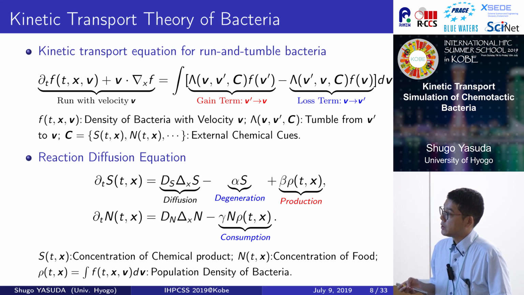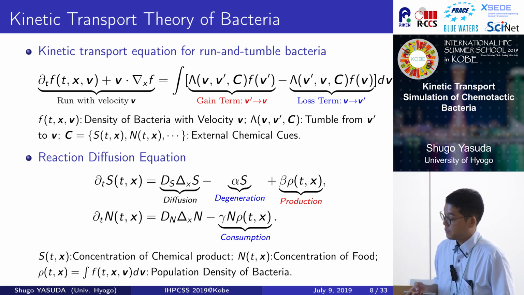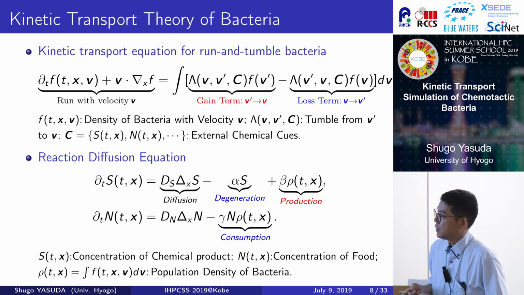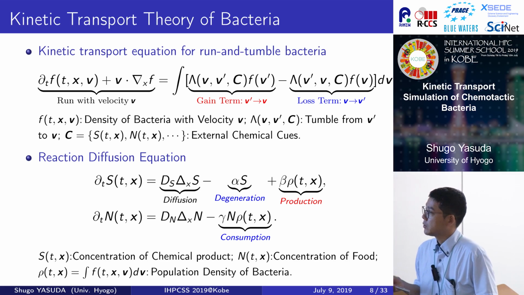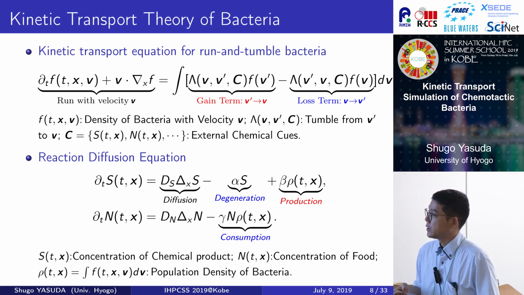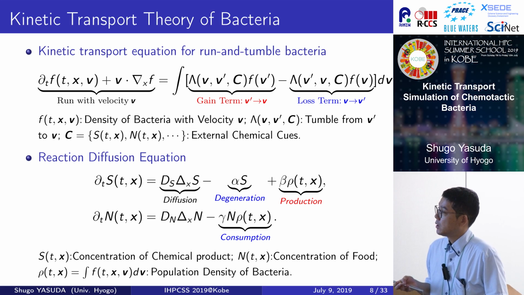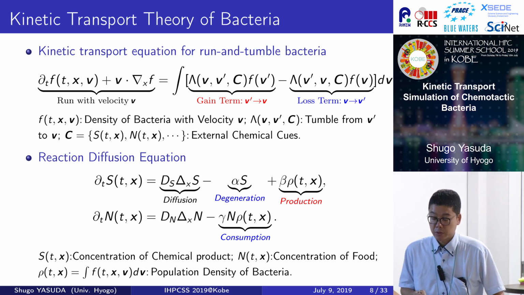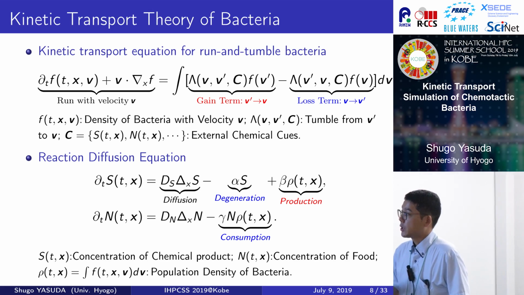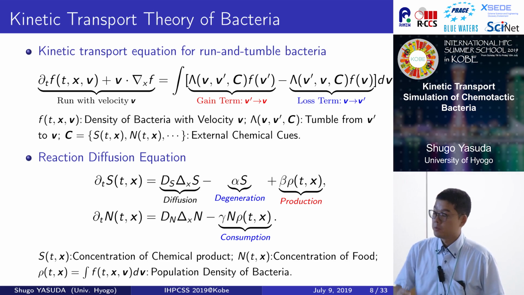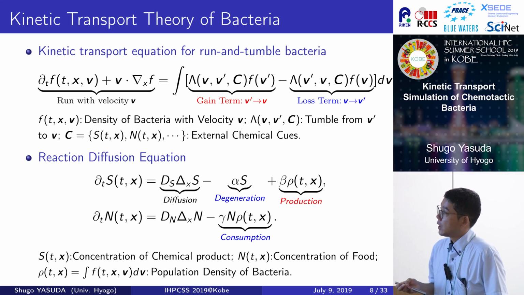The left-hand side describes the change of density of bacteria along the pathway with velocity v. And the right-hand side describes the tumbling of bacteria. The bacteria change their moving direction by tumbles.